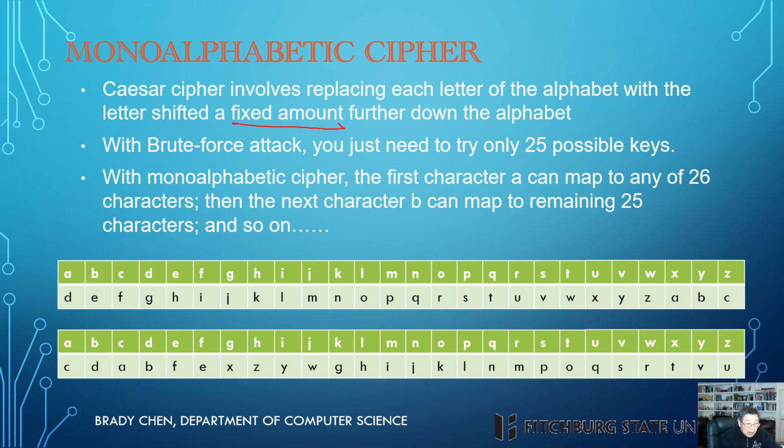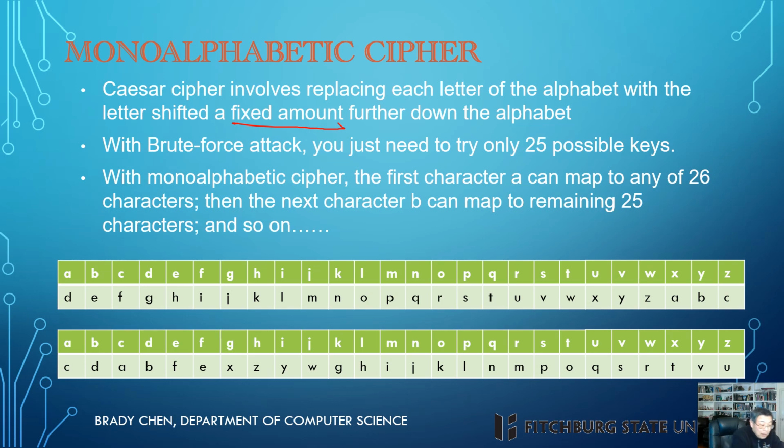Now, let's extend the Caesar cipher to the monoalphabetic cipher. The monoalphabetic cipher is an extension of the Caesar cipher. In this case, we're going to map each character to any character in the set of the alphabet.